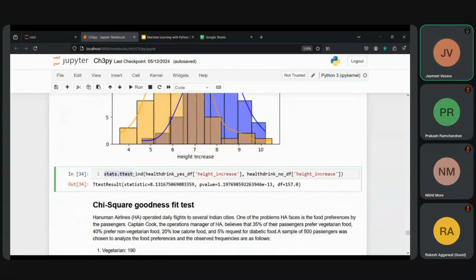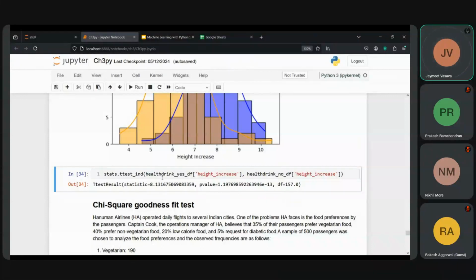And when carrying out the t test for independent values of height increase for the yes and no data frames, these are the values that we get: a t statistic value of 8.13 and a probability value of 1.19, but have a look that it's exponent to minus 13.